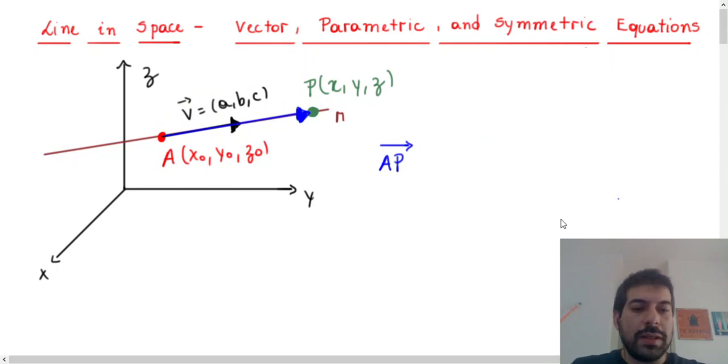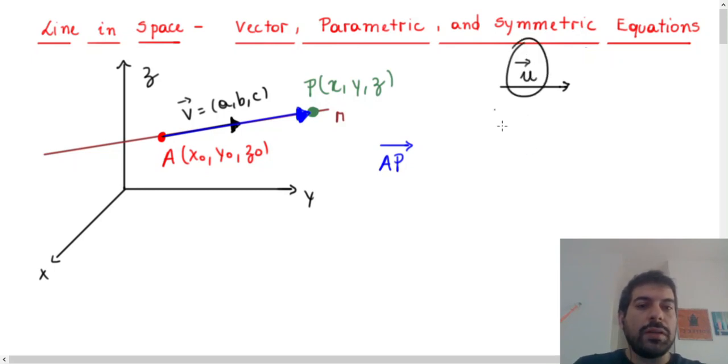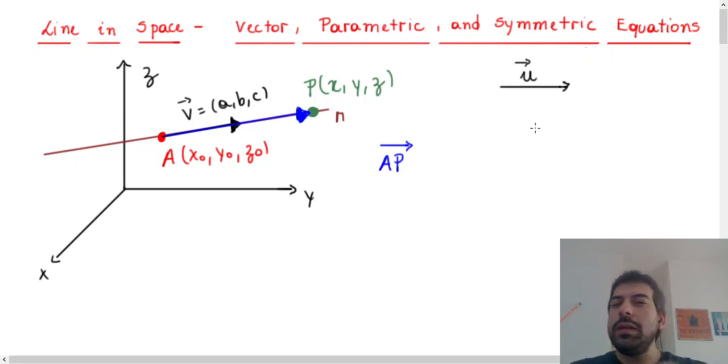Remember that whenever you multiply a vector, for example, let's suppose you have a vector u, by a real number different from 0, in the end, you are just stretching or shrinking the vector.